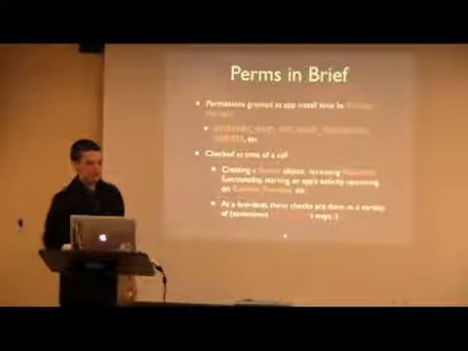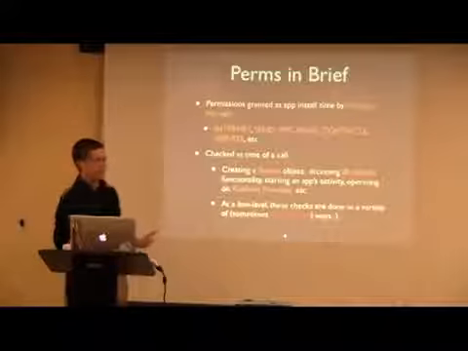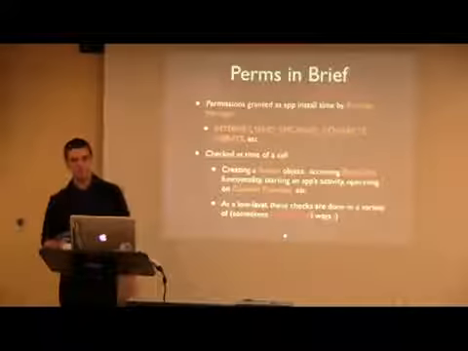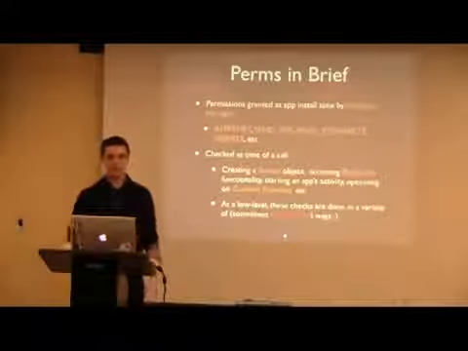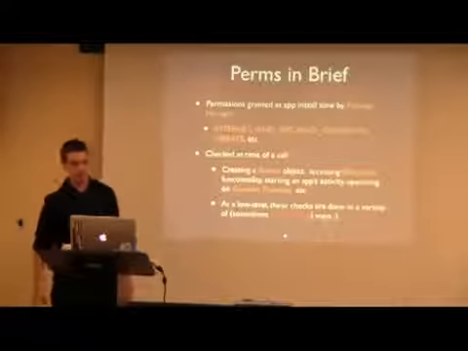So just briefly, permissions, otherwise known as capabilities. In Android parlance, they're called permissions. These are granted at application install time by the package manager based on what's declared in the Android manifest, that nice little fat XML file that talks all about what the app is going to do and what its name is.